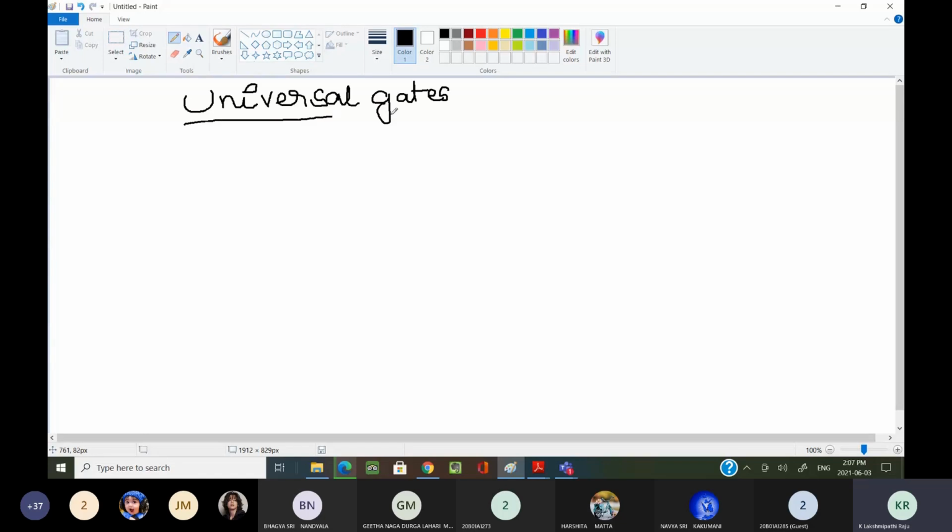Two universal gates: one is the NAND gate, the second one is the NOR gate. The first one, the NAND gate, is the complement of the AND gate, or of whatever operation we are performing.